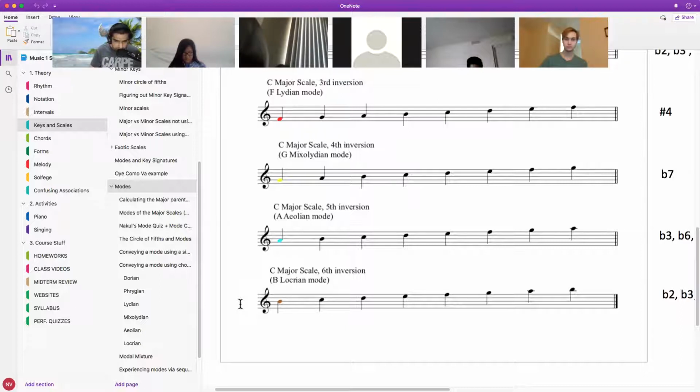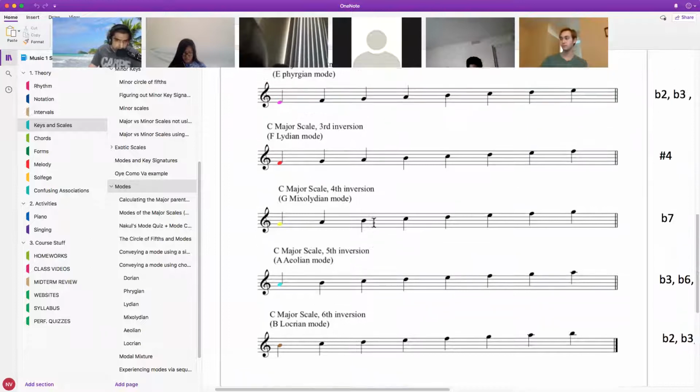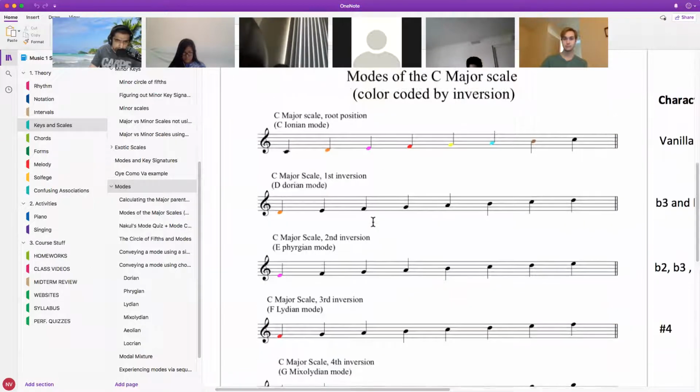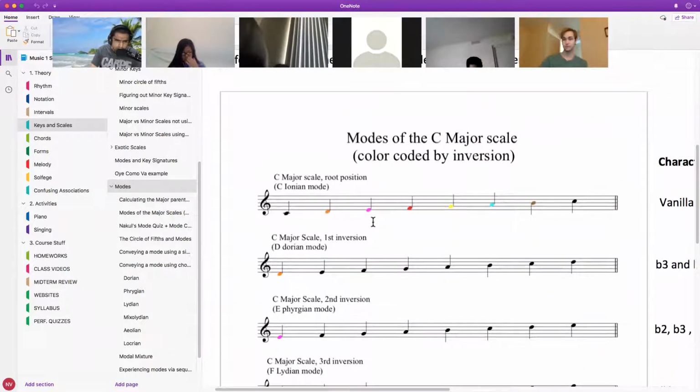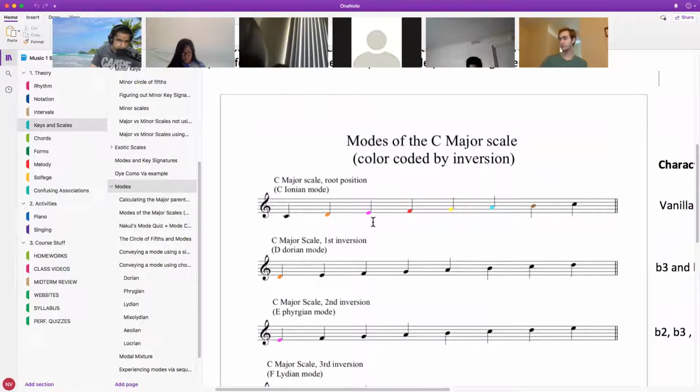So, for one thing, these are a lot of names, right? But I guess what I want you to get used to, to start off with, is that you don't have to necessarily stick to the C major scale. You could apply this to different scales.